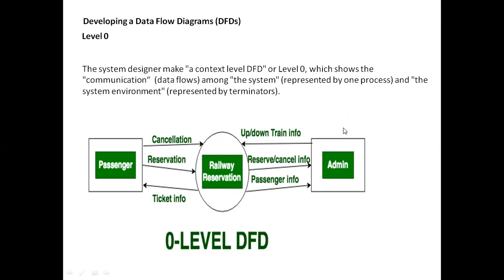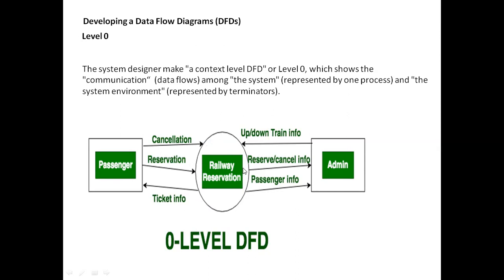What happens here is a passenger can reserve a ticket, which follows the process railway reservation, and the railway reservation gives this ticket reservation information to the admin. Or the passenger can cancel the reservation.